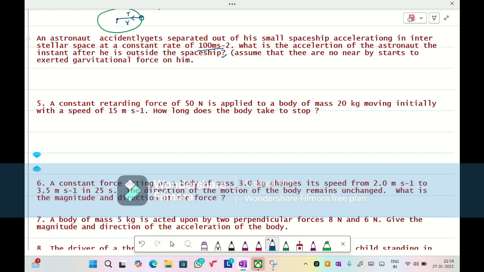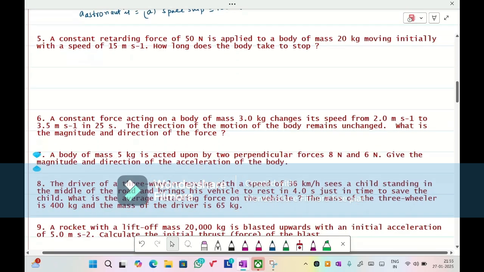Just after going outside, only this acceleration applies. So the acceleration of the astronaut is equal to the acceleration of the spaceship, which is 100 meters per second squared. This is a very easy question.